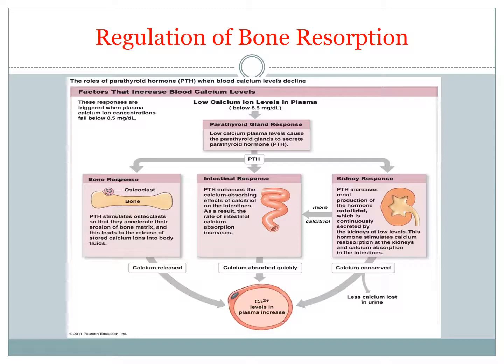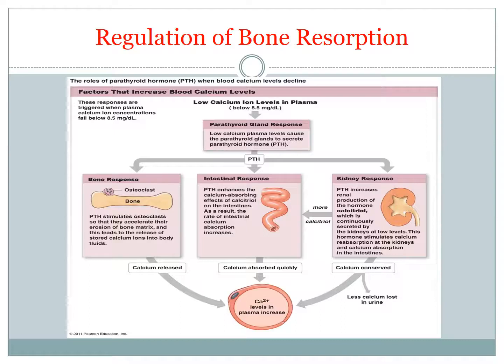PTH has 3 effects, all leading to an increase in blood calcium levels. The first is within the bones. Osteoclasts are stimulated, and they accelerate the erosion of bone matrix, which leads to the release of stored calcium ions into the blood.